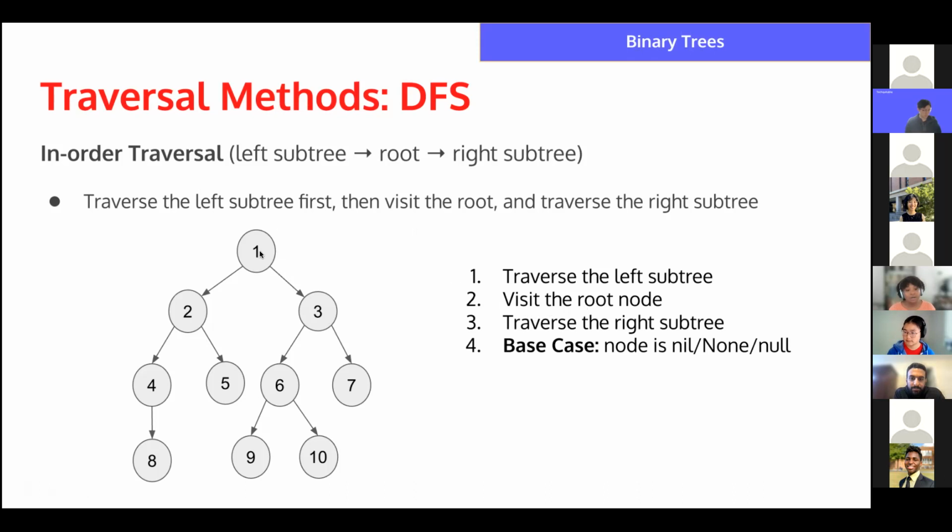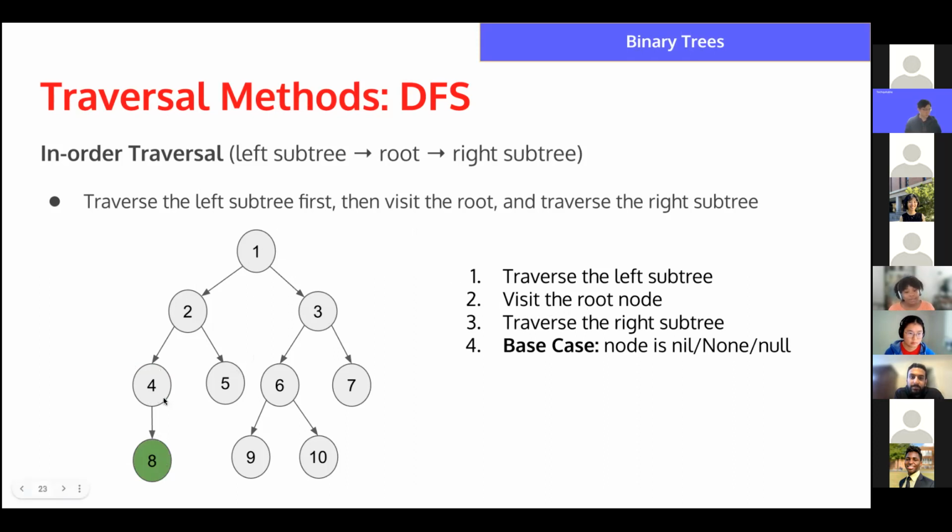So we start, as always, with our root node of 1. Traverse its left subtree. For this subtree, we visit its left subtree, we get to 8, but 8 doesn't have any left subtrees, so we finally visit that node, adding that to our output.